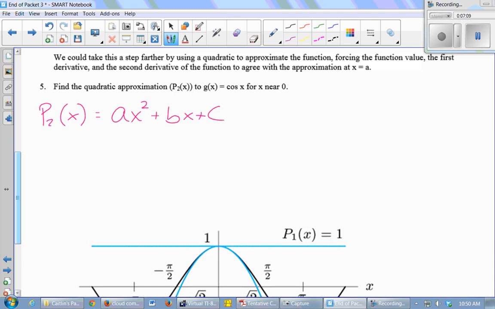So I have 3 parameters to find here, right? I have an a, b, and a c, which means I'm going to need 3 equations, which means I need 3 pieces of information. Those 3 pieces of information are going to be the function value at 0, the derivative of the function at 0, and the second derivative of the function at 0. 3 pieces of information.